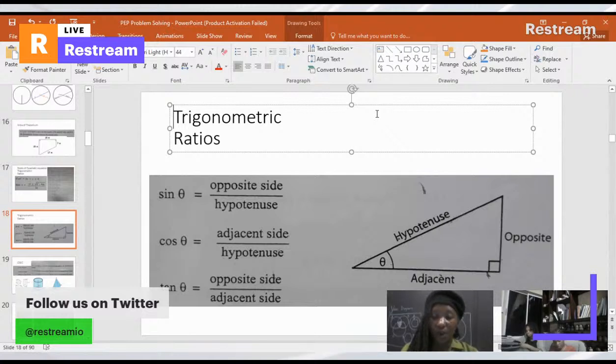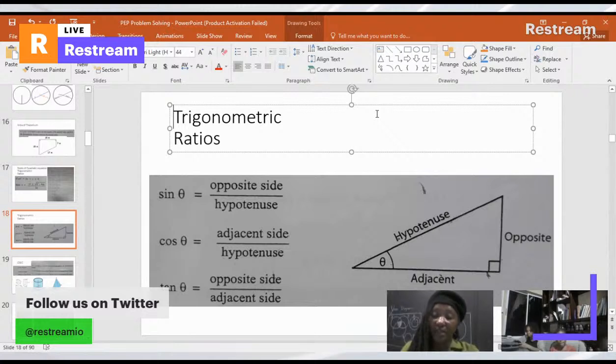And the opposite and adjacent sides vary depending on which angle you are referring to. So for this theta, the side labeled opposite is opposite to that angle, and the side labeled adjacent is adjacent, or touching, that angle.